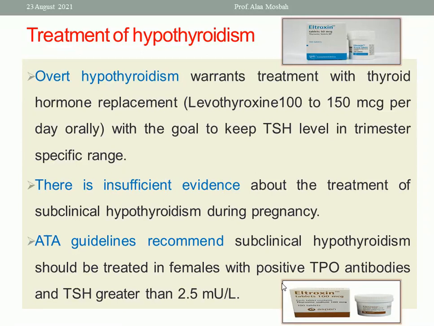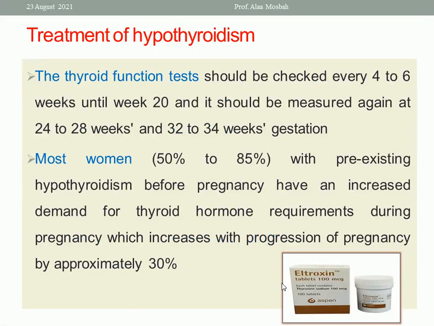It should be treated only in females with positive TPO antibodies and TSH greater than 2.5 milliunit per liter. The thyroid function test should be checked during antenatal care every 4 to 6 weeks until you reach 20 weeks gestational age. Then measure again between 24 to 28 weeks, and again between 32 to 34 weeks gestation, and maybe later on if needed.